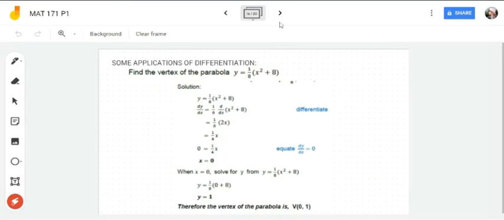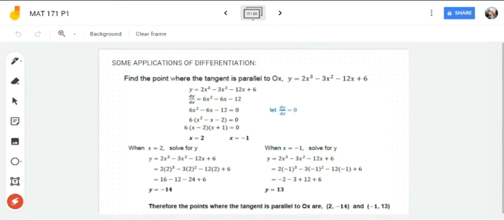Okay. Next, let's go to the point where the tangent is parallel to the x-axis. So we will be getting the point of this function where the tangent will be parallel to the x-axis. In getting that, you will just simply get the first derivative of this function, and then equate it to 0.